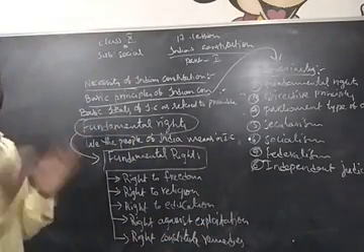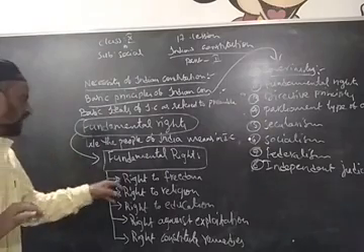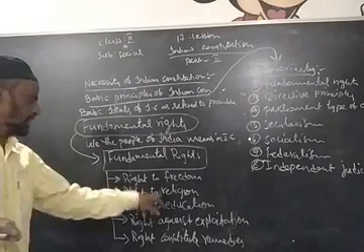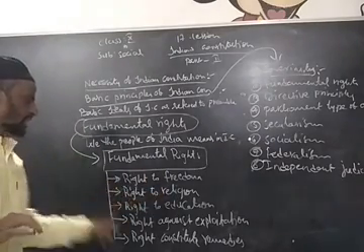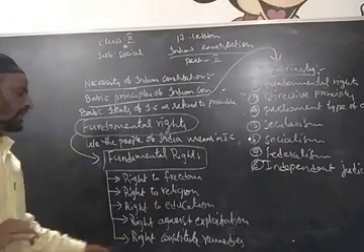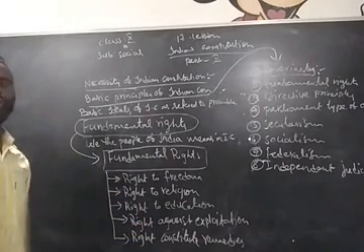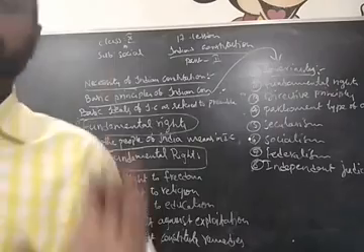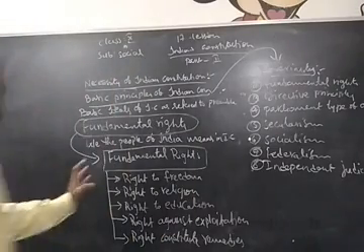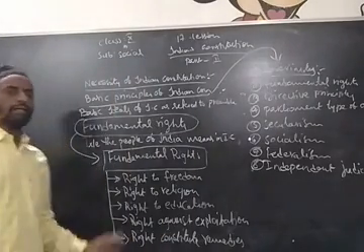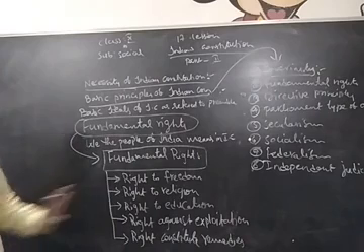These are basic rights, like right to freedom, right to religion, right to education, right against exploitation, right to constitutional remedies. These are all the basic rights for the sake of the people of India, mentioned in the fundamental rights.